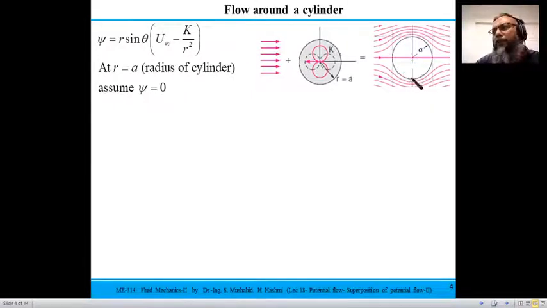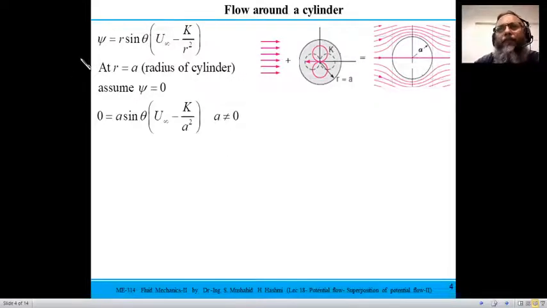We have a convention of assuming it to be 0. So if I just substitute 0 in that stream function, what I'm going to get, and instead of r I substitute a, because at that surface which acts as a solid boundary r equals a, and sine theta is there, U infinity minus K, and instead of r I just substitute a squared.